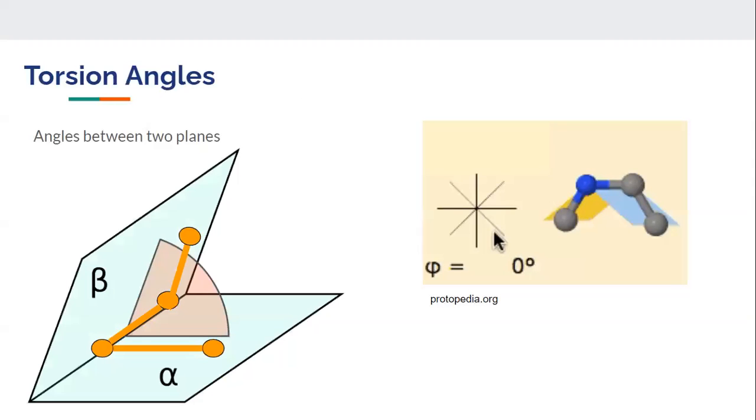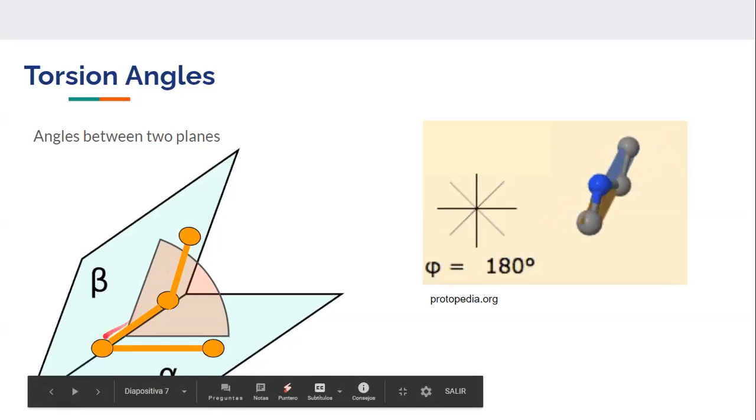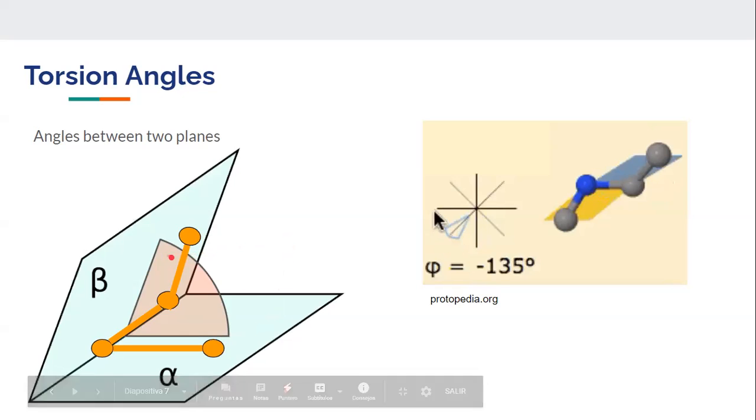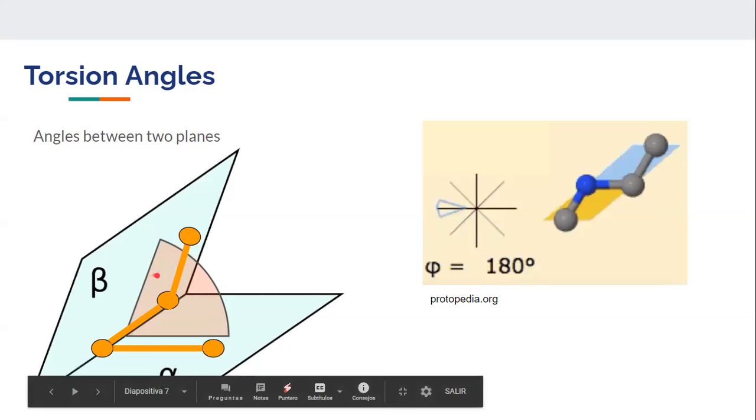So torsion angles are angles between 2 planes. And as you can see here, these 3 atoms are defined in plane beta. And at the same time, these 3 atoms are defining plane alpha. And the angle between them is their torsion angle.